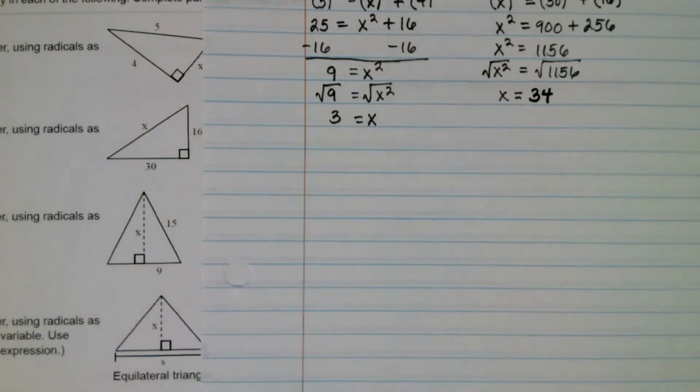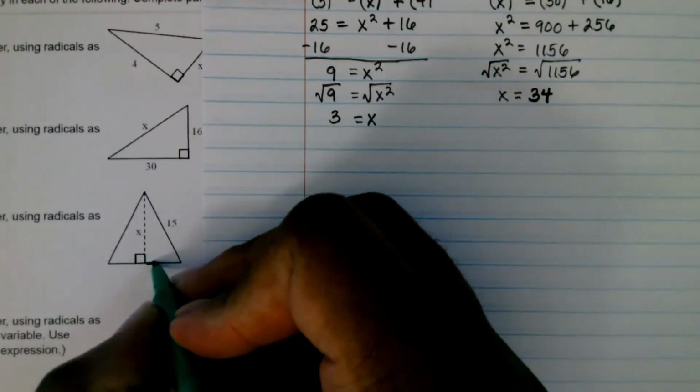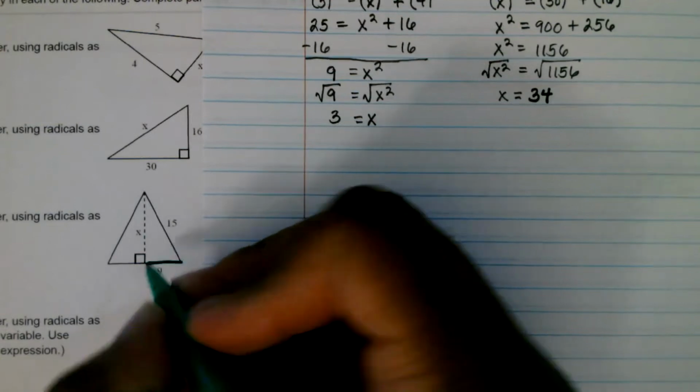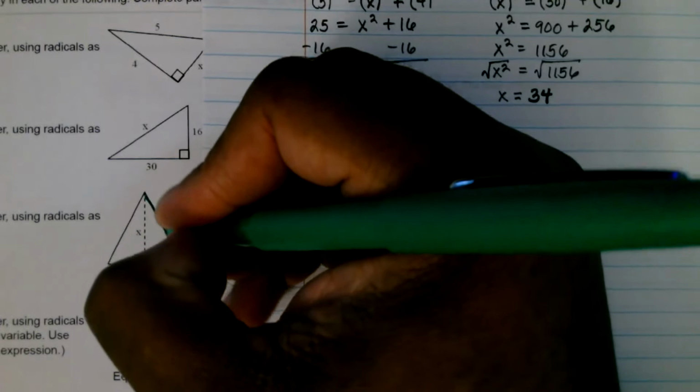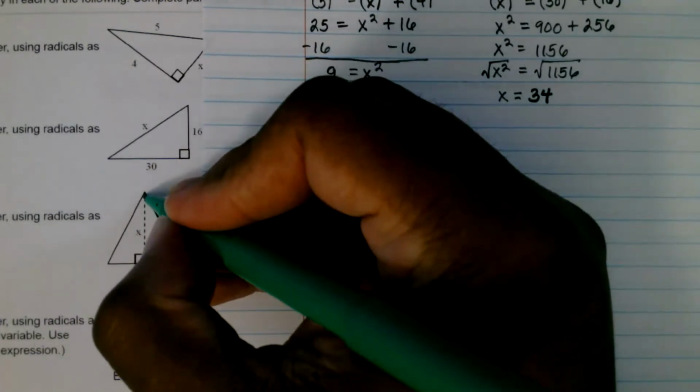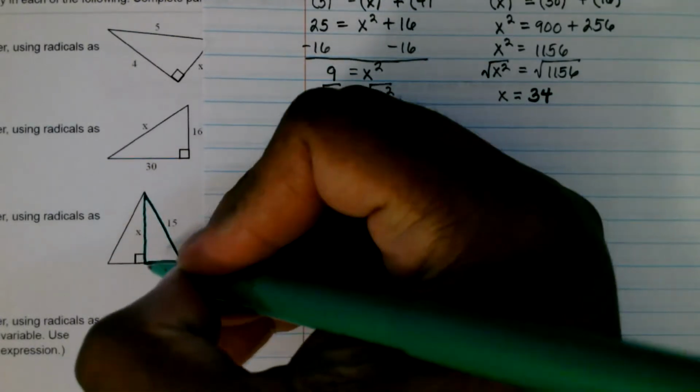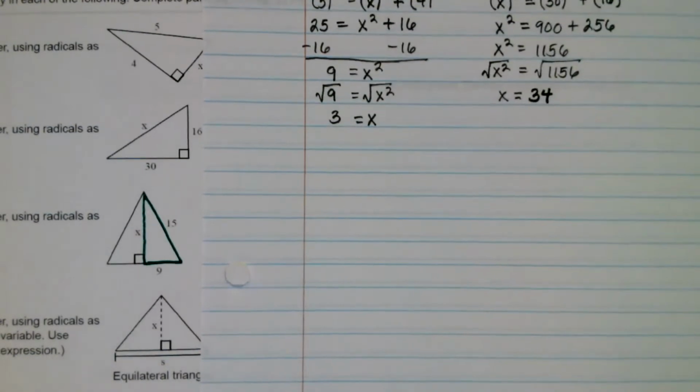And I might need to highlight that in green. That's going to be this side, this part right here. That has a length of 9. And this has a length of 15. That's the hypotenuse. I'm going to find the length of this leg right here. I'm highlighting the one that's in green.